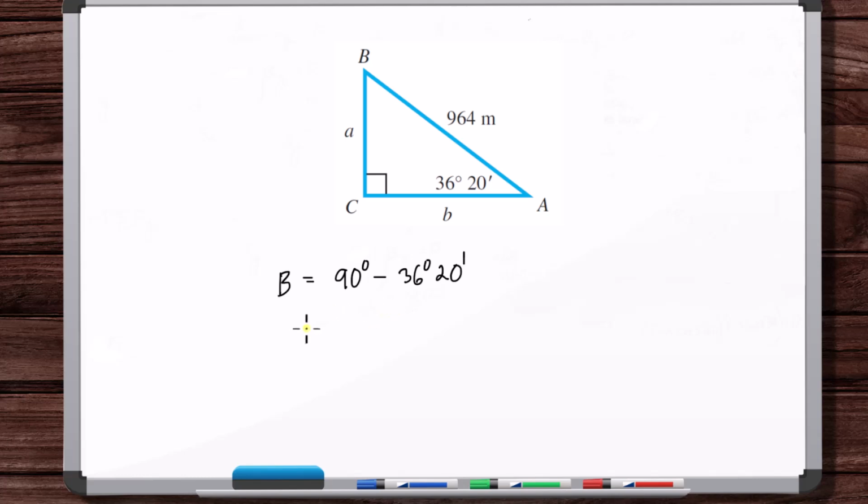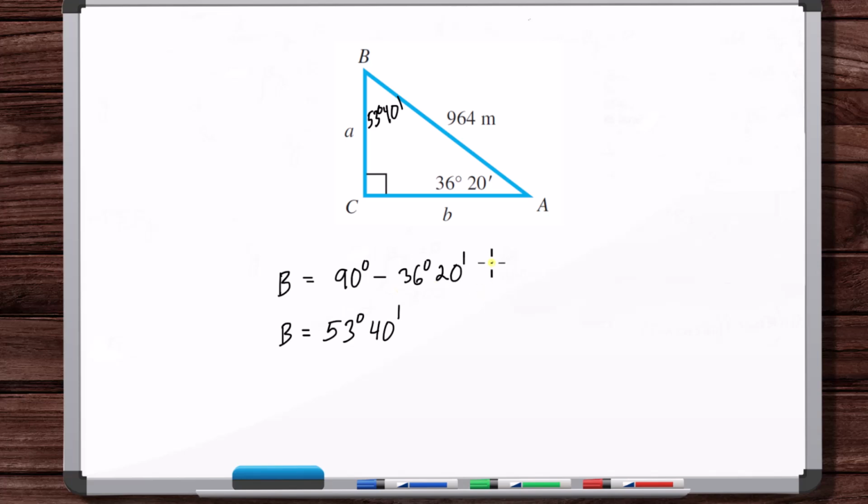So angle B is not 54, but 53 degrees, and then 20 minutes off of the 54 means we're left with 40 minutes, since there are 60 minutes to a degree. So you subtract off 36 degrees to get to 54 degrees, then subtract off 20 minutes, so you get 53 degrees, 40 minutes.